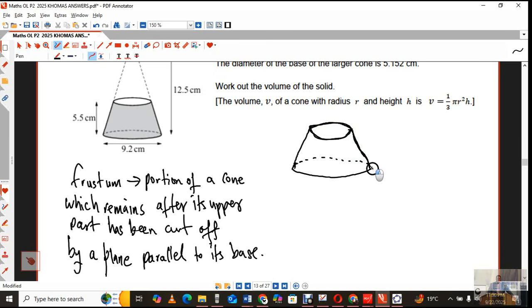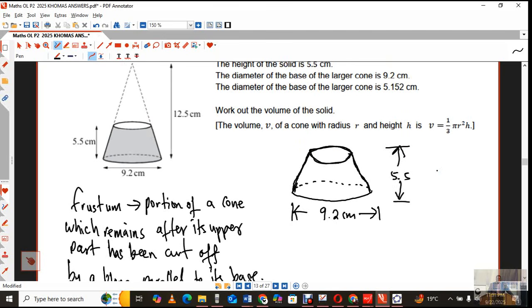Okay, so my drawing is not so perfect, but I think you do get to understand, right? So this is 9.2 centimeters. That is that diameter over there, and the height of this is 5.5 centimeters.